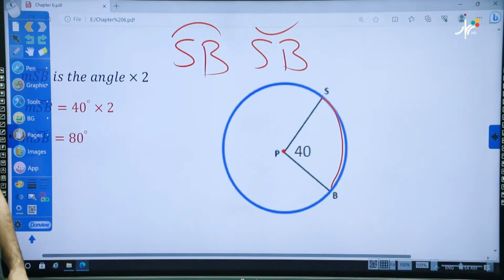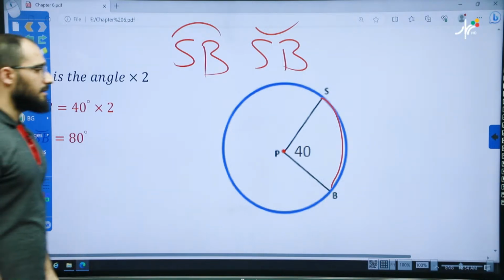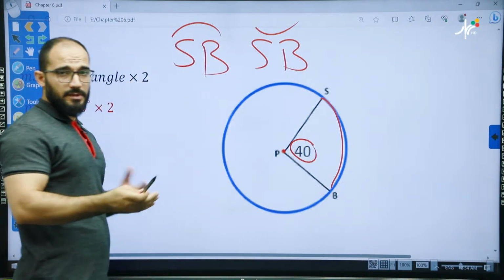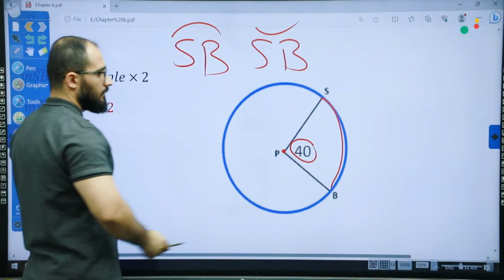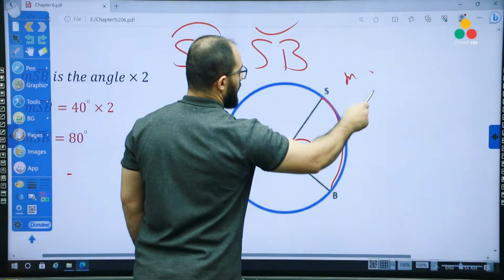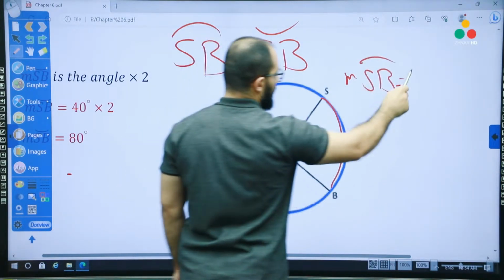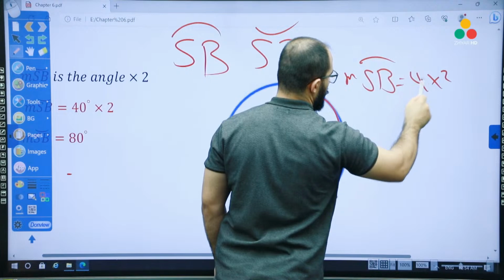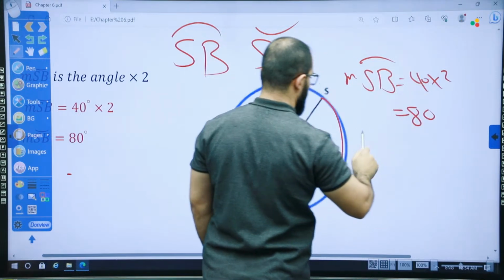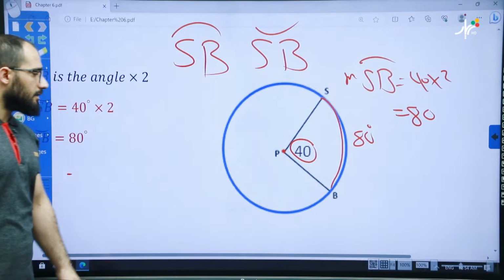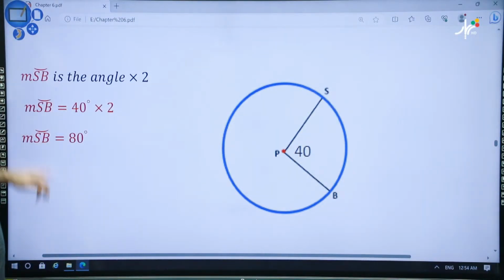What is the measure of that arc? We said that we are going to multiply the angle by 2. It's the opposite relation. So the measure of SB is 40 times 2, which is equal to 80. So the measure of that arc is 80 degrees.